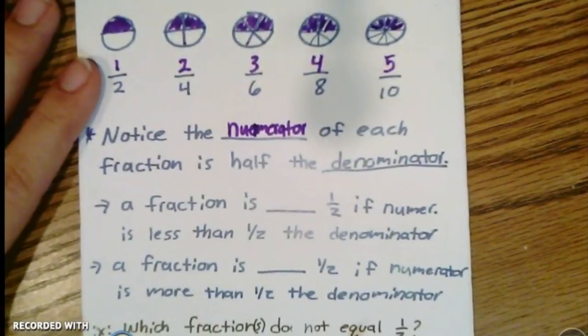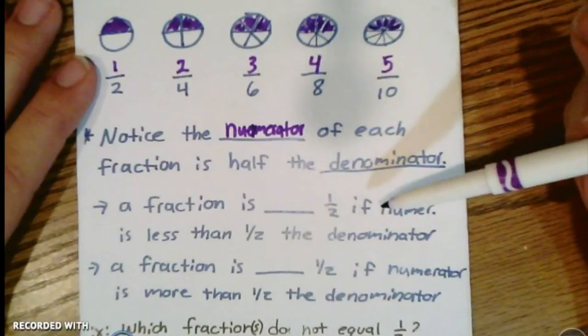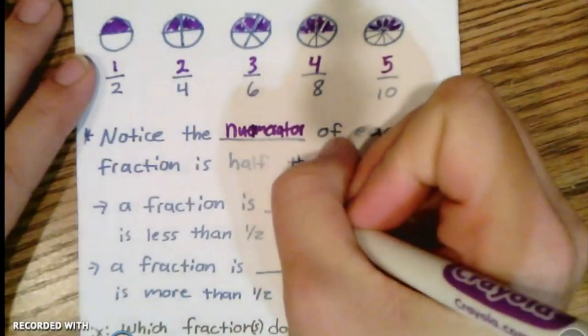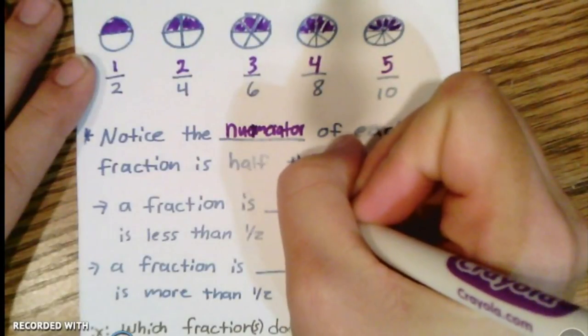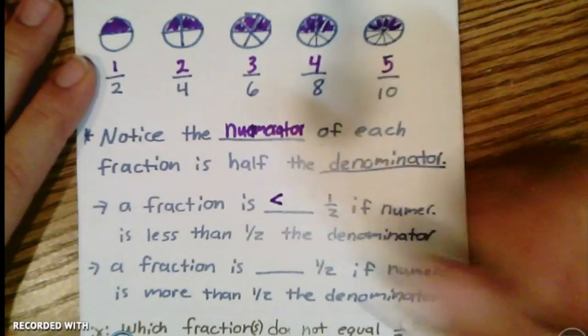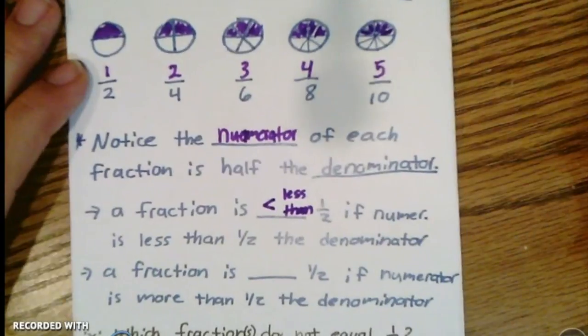A fraction is less than half if the numerator is less than half of the denominator. So the less than symbol, do you remember what that looks like? It looks like that. Or you can write less than if the numerator is less than half the denominator.